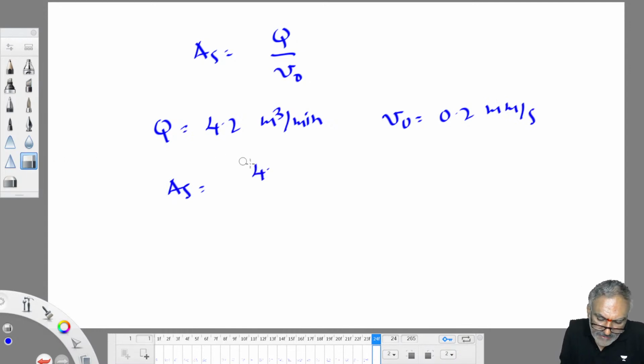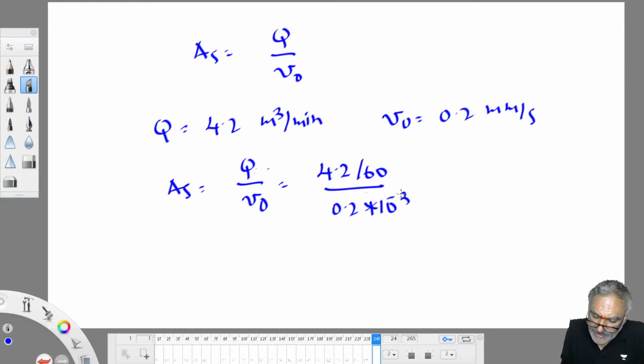So Q by V naught, 4.2 by 0.2. This is meter cube per minute, so I convert it into meter cube per second. V naught, 0.2 mm per second, I convert into meters per second. So meter cube per second divided by meters per second will give the answer in meter square.